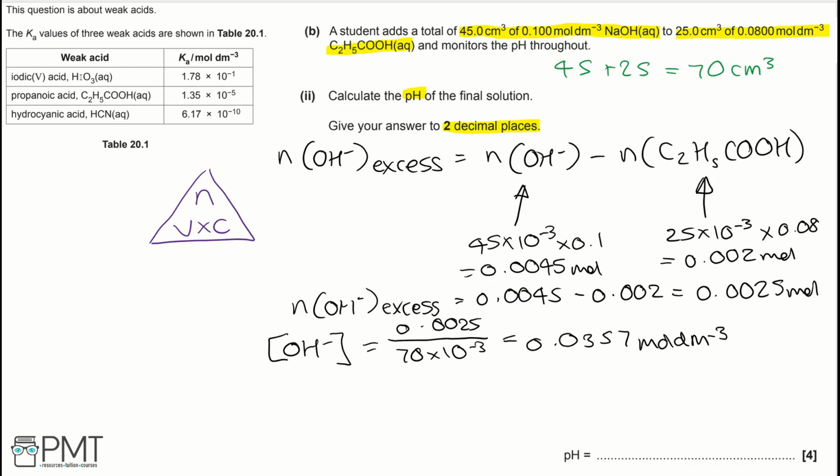So our next equation is to work out pH, but firstly pOH, and that is equal to minus log 10 of the concentration of OH minus. And then we know that 14 is equal to pOH plus pH. So 14 minus pOH equals pH. These are the two equations we're going to use to find pH.